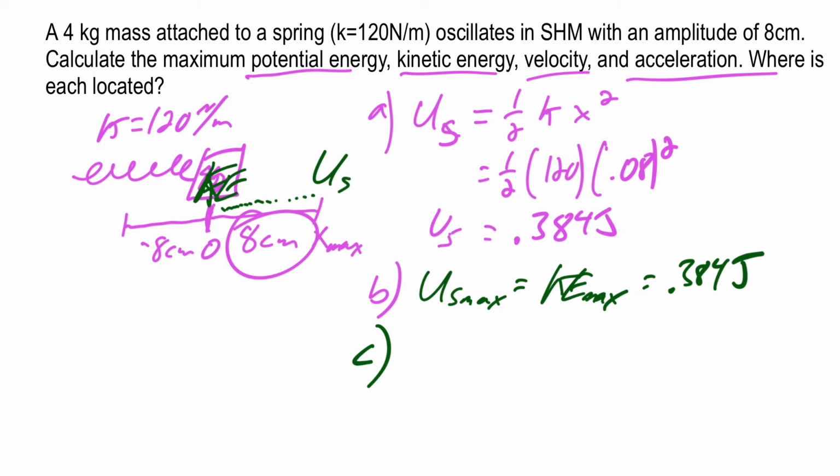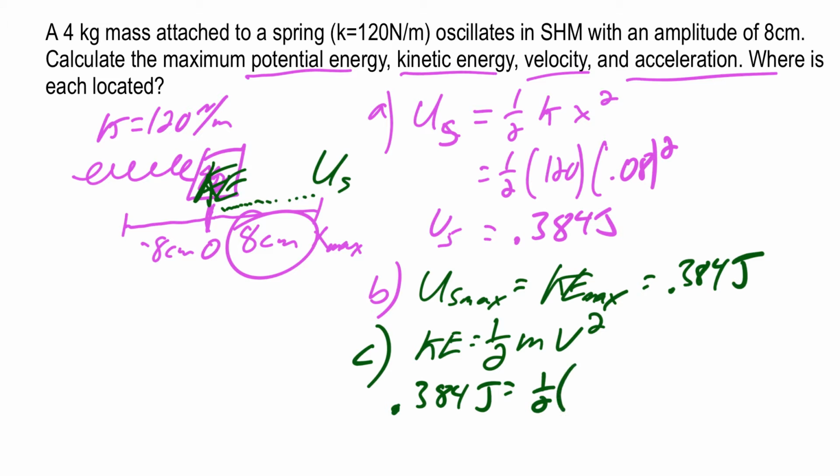Okay. Well, velocity max, remember kinetic is directly related to velocity, so the equation for kinetic is 1/2 mv squared. So we know that the maximum kinetic is 0.384 joules, equals 1/2, the mass in this case was 4 kilograms, times v squared. So we go ahead and simplify a little bit, divide by 2.